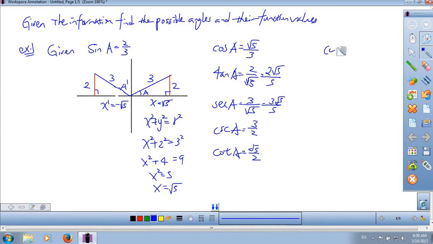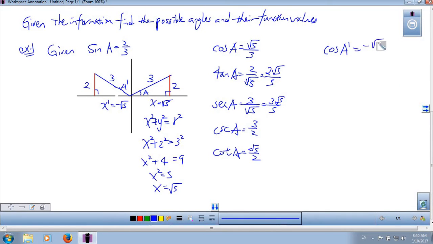Now what about cosine of A prime? A prime is in the second quadrant, so cosine will be negative square root 5 over 3. Tangent A prime will be 2 divided by negative square root 5, so the whole thing will be negative.